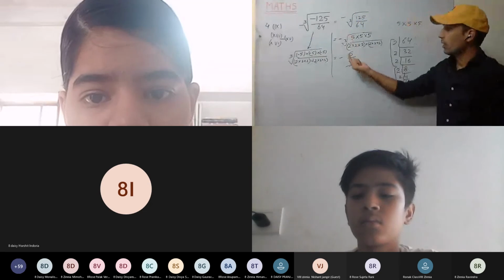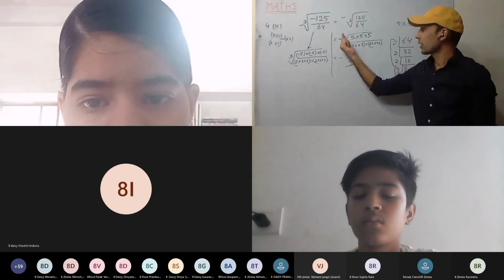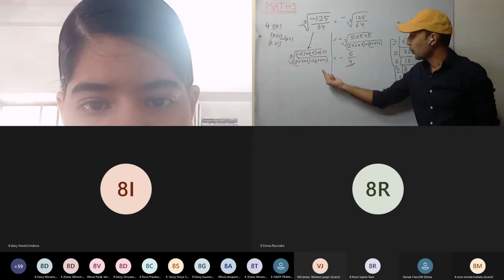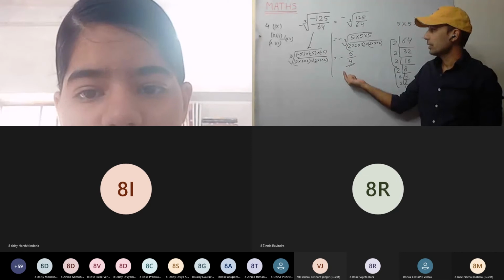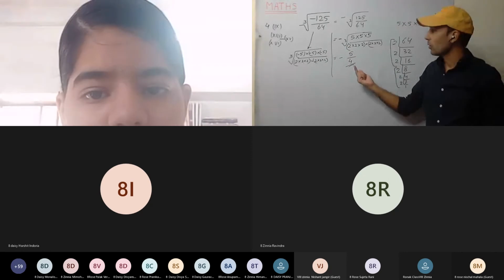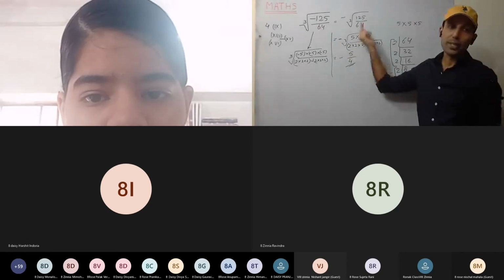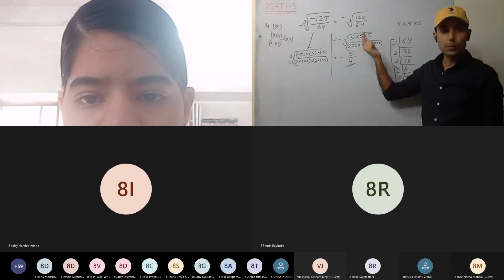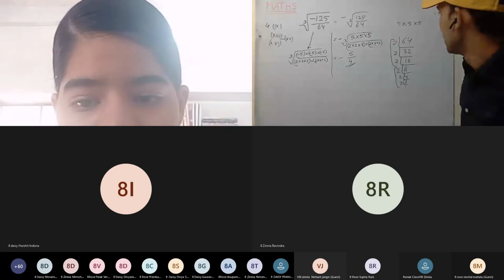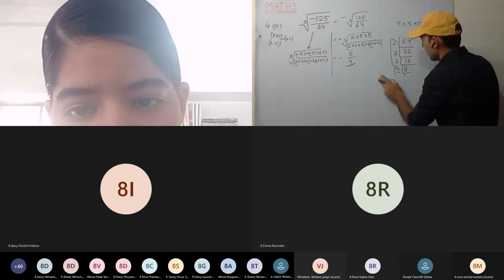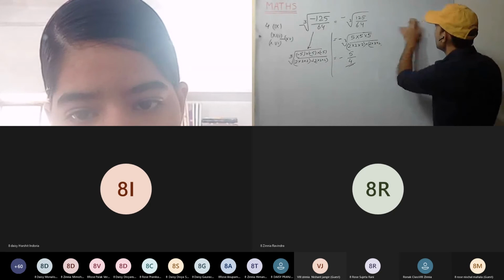So either this way or this way, we can go for any of these. Are both clear? Does anyone have a doubt? No, sir. Cube of a negative number is negative, cube root of a negative number is negative. Is this clear? Okay.